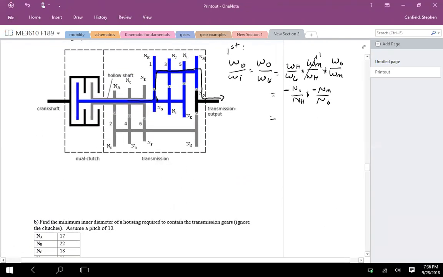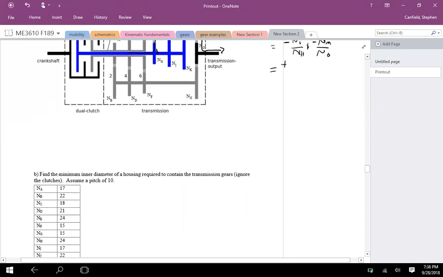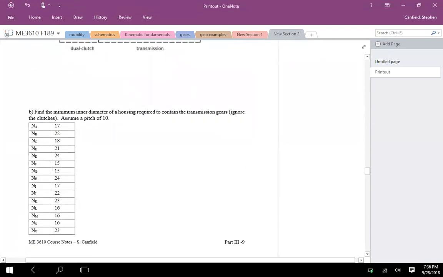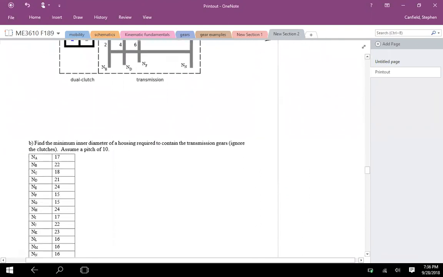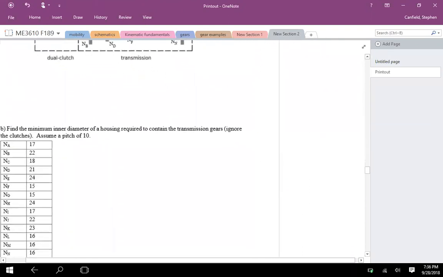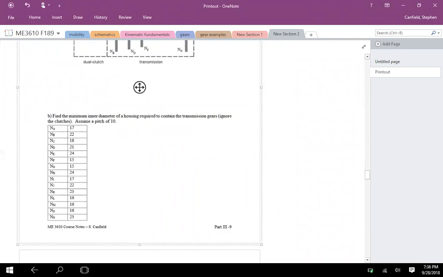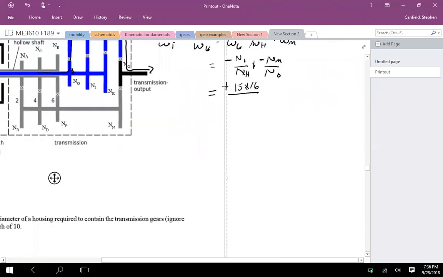So that ratio is positive G times M, which is 15 times 16, over H times O, which is 24 times 23.